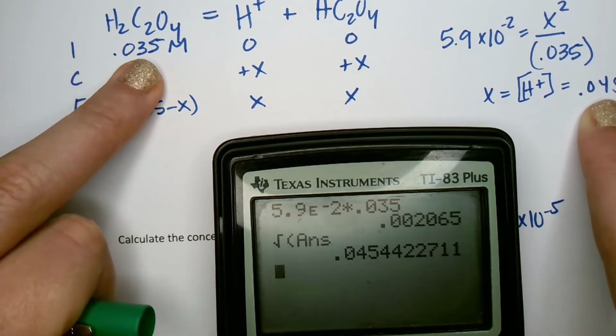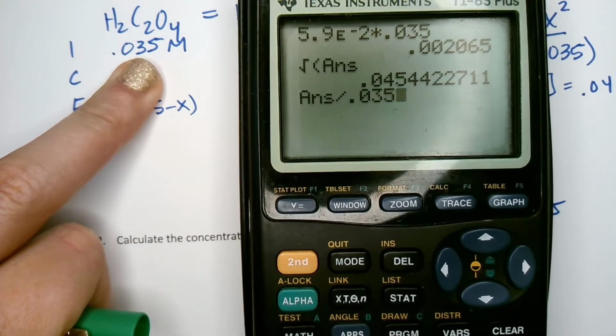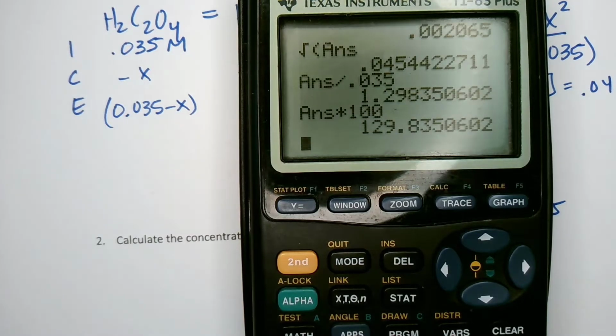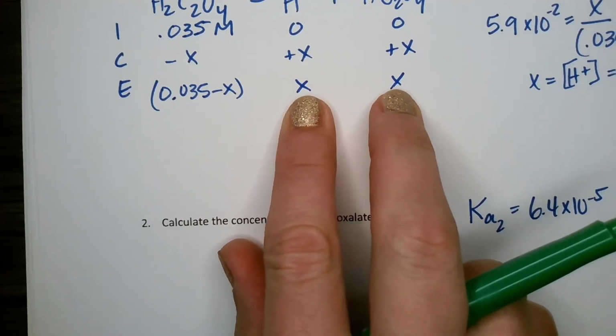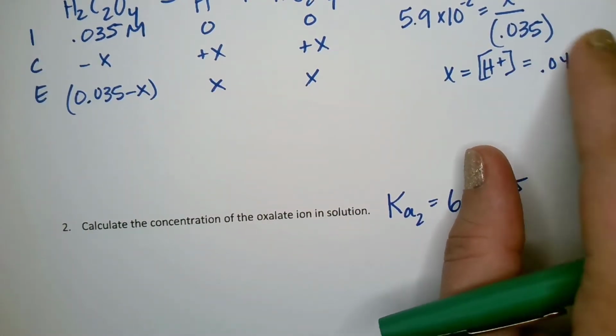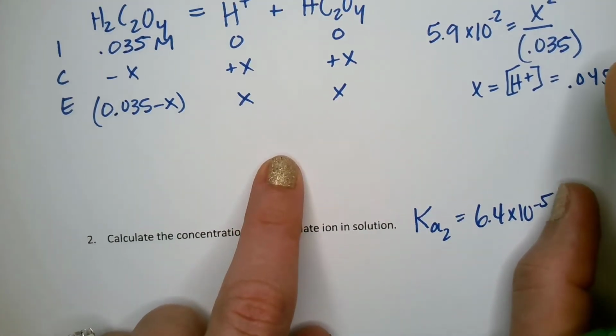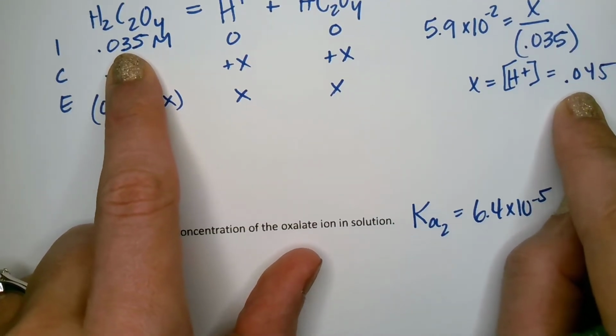0.045, 0.035. If I do this divided by 0.035 and times it by 100, I'm going to have well over 129% of a product being formed. Can't have that. Remember, I need this to be less than 5% if I do my x divided by my initial and then times it by 100.